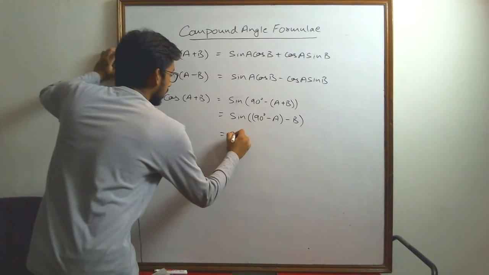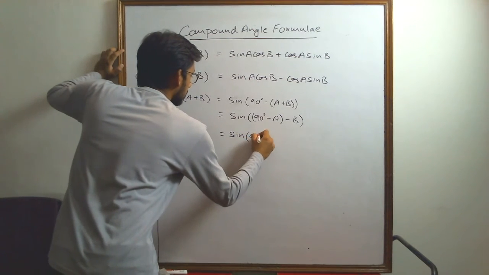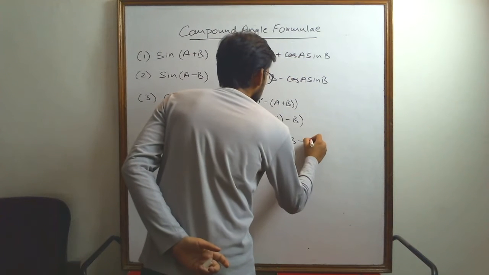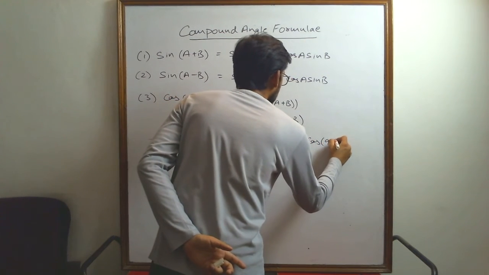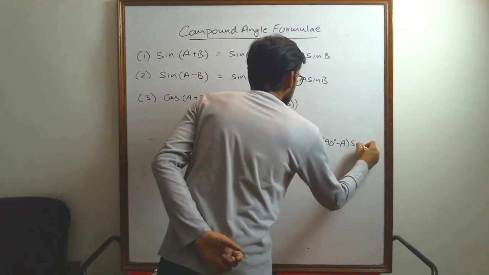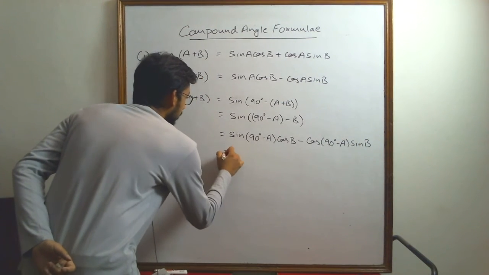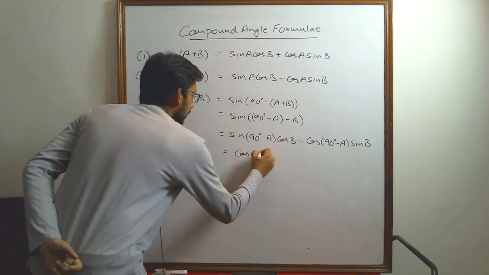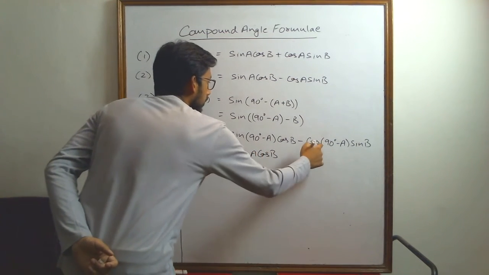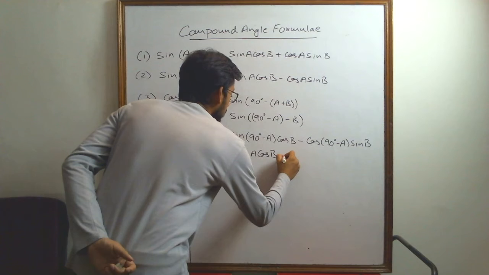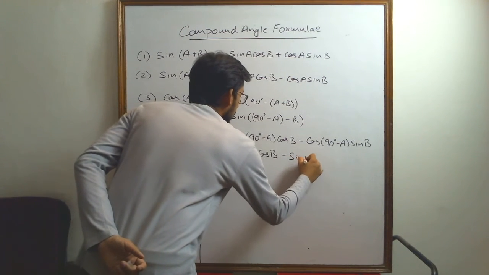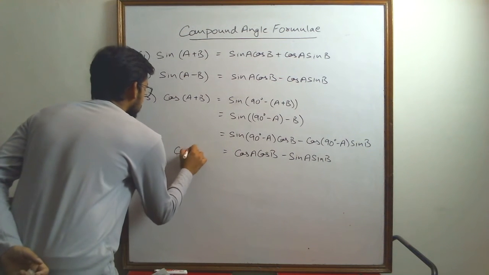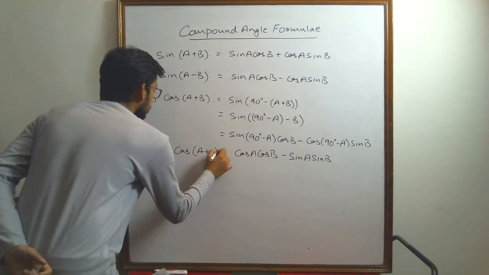So we will get sine 90 minus A into cos B minus cos 90 minus A into sine B, which is equal to sine 90 minus A is equal to cos A into cos B. Cos 90 minus A is sine A, so minus of sine A into sine B. This gives us the formula for cos A plus B.